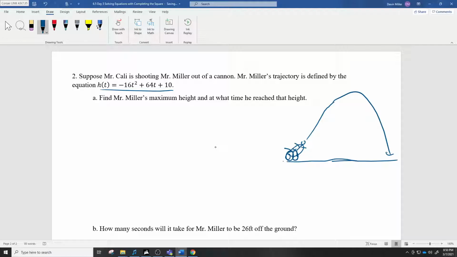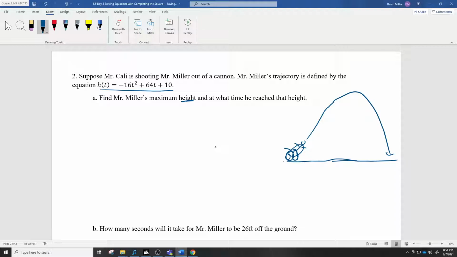Okay. So if we're going to find the maximum height, what we really need to find is the vertex. And we have to find what time I reached the height. So let's go ahead and find the vertex.